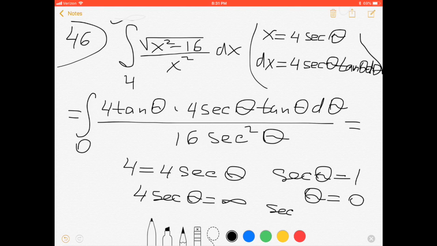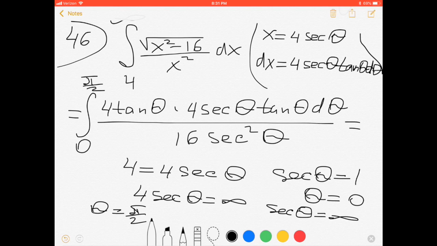This means secant theta equals infinity, and theta equals pi over 2, because secant goes to infinity as theta goes to pi over 2. Okay, great. Here we have pi over 2.